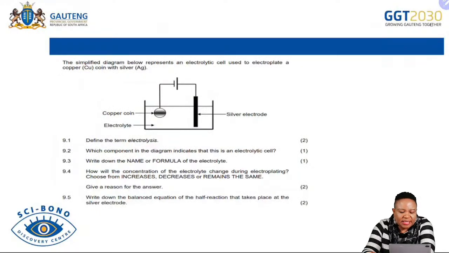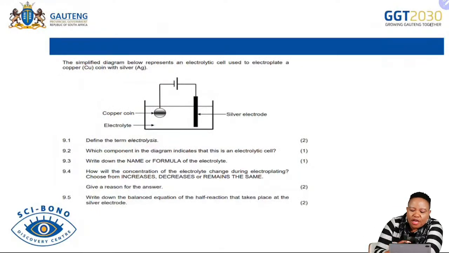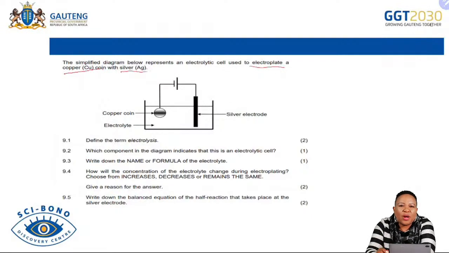Also, this one is another process of electroplating. So what are we electroplating? They say the simplified diagram below represents an electrolytic cell used to electroplate a copper coin with silver. So exactly what happened in our previous example or in our previous activity will definitely occur in this activity.